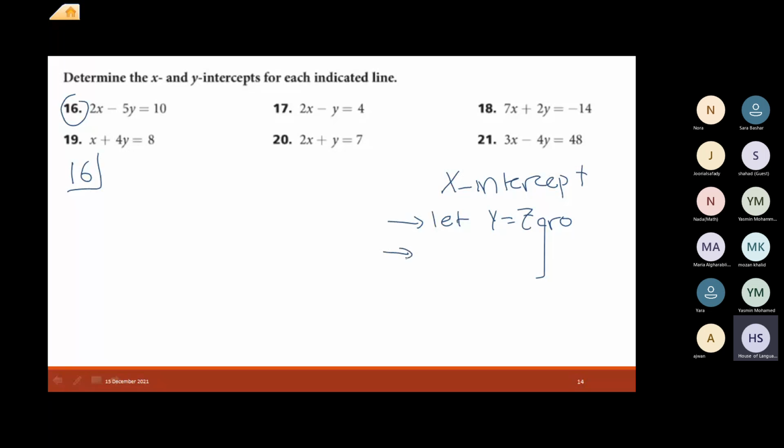Then you will substitute y with 0 and then find x.